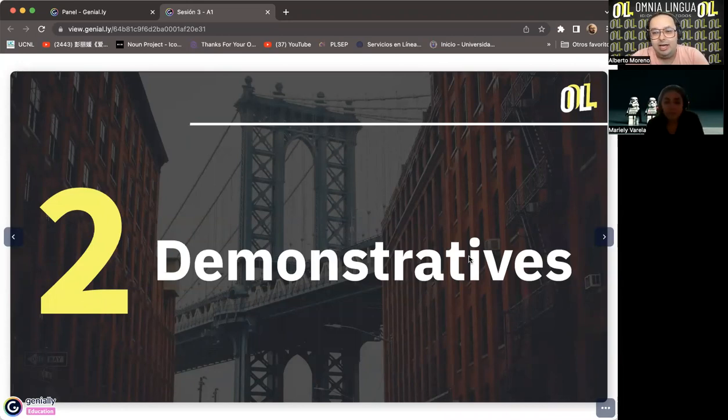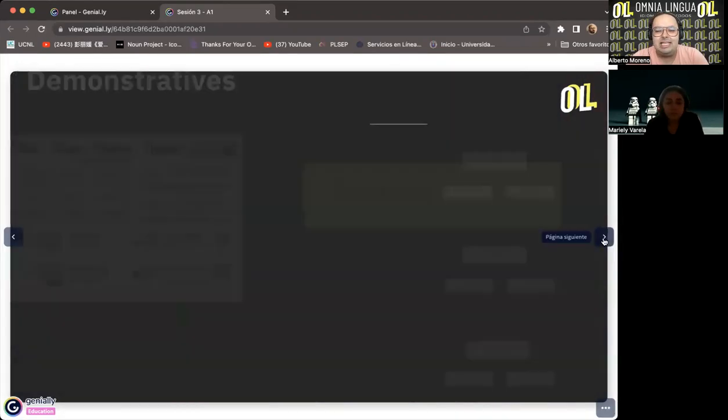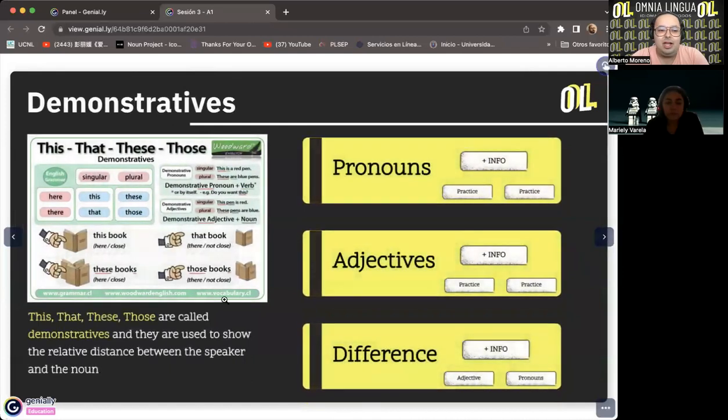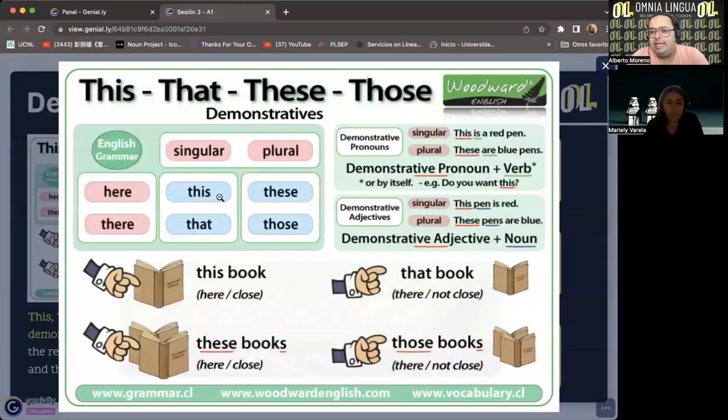But here we have the important ones, demonstratives. Demonstratives are words that help us talk about how near or far something is from the speaker. The demonstratives that we can use are this, that, these, and those.